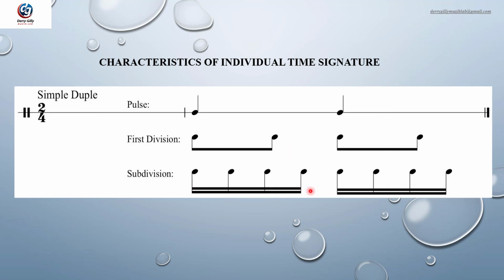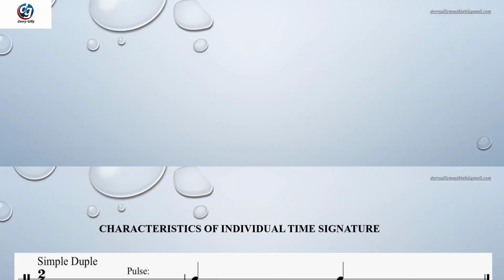We can see that this one can still be divided into smaller values. So we use this table to map out time signatures and their components, organizational layers. Let's go to the next one, the compound meter.